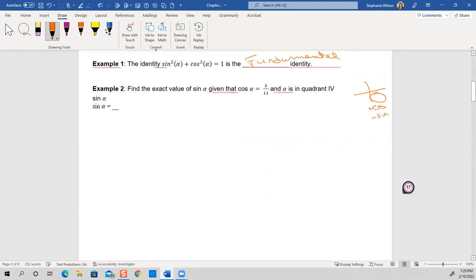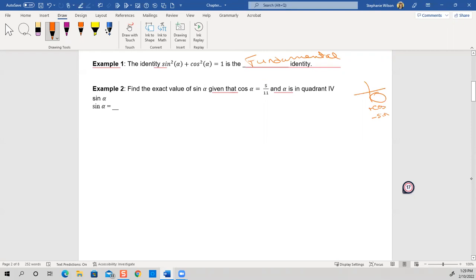To solve this, we know the fundamental identity, sine squared alpha plus cosine squared of alpha is equal to 1. Since you already know what cosine alpha is, then we can find sine.